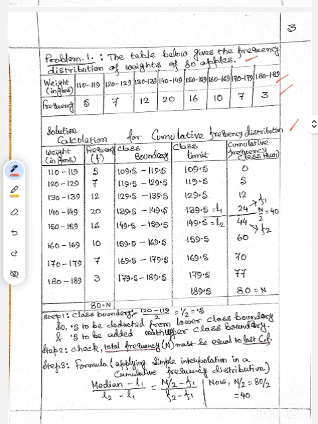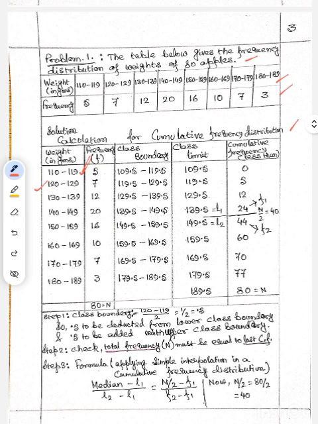But after putting the weight, we find that there is a gap between the upper class limit and the subsequent lower class limit, because 110 to 119 and thereafter 120 to 129, that means there is a gap between 119 and 120. So we have to eliminate this gap. Okay, so how should we eliminate the gap?